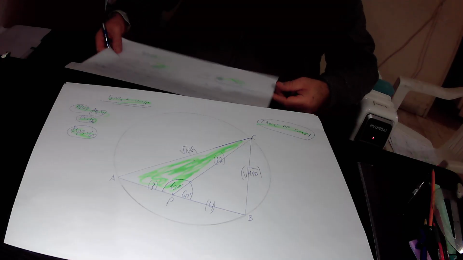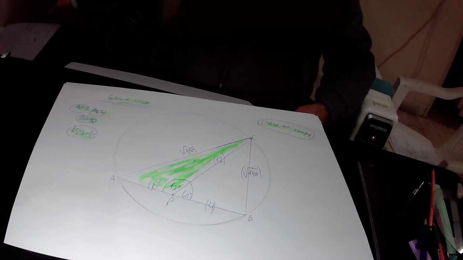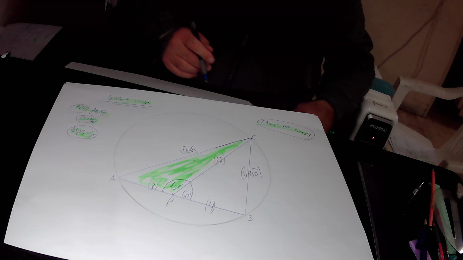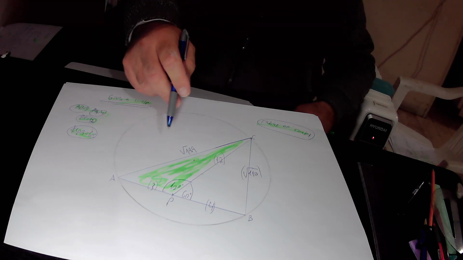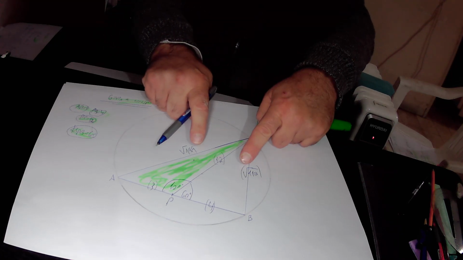In the next step, we will implement the law of cosines in this big triangle ABC that contains those two smaller triangles.